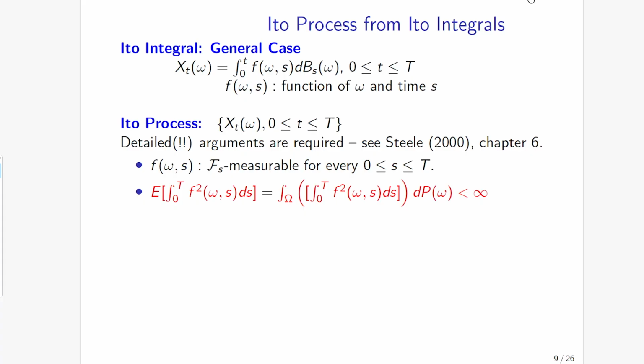We want that to be finite. This expectation is taking the expectation over the probability model given by capital P. And for each omega, we're integrating the squared f over time from 0 to t. And we want that to be finite.